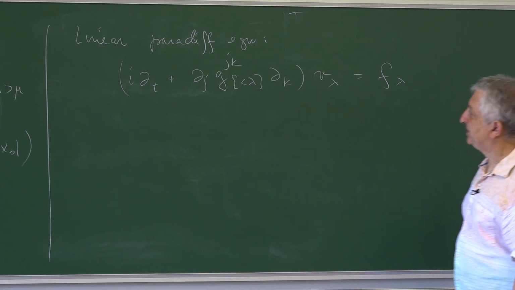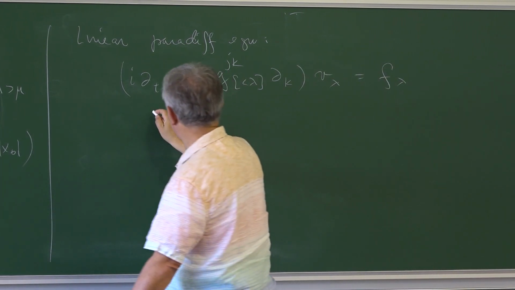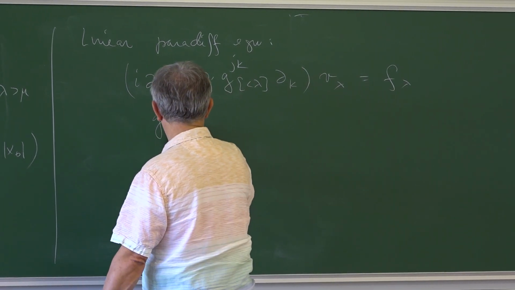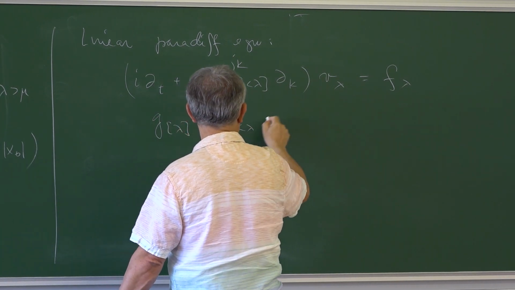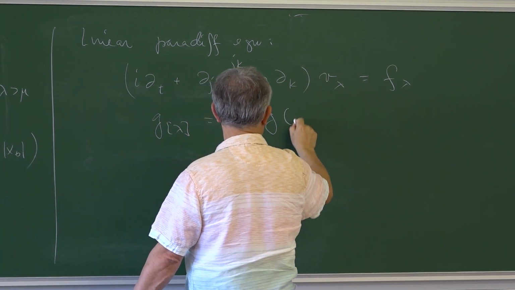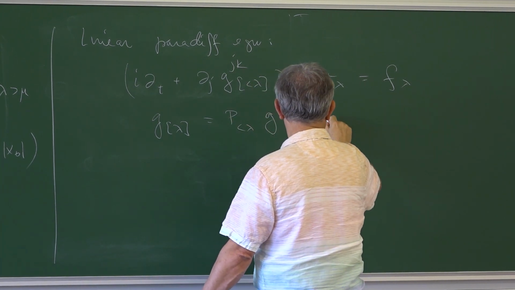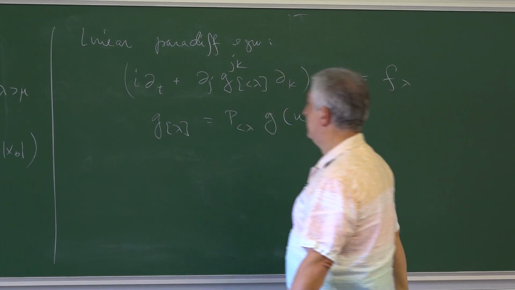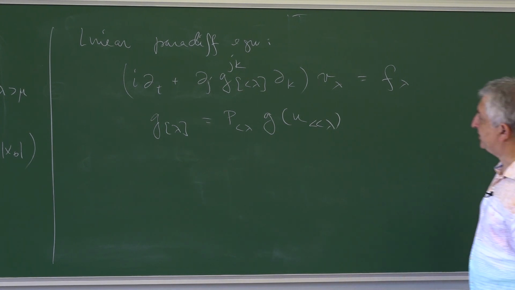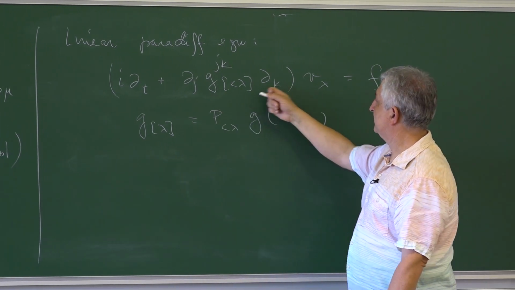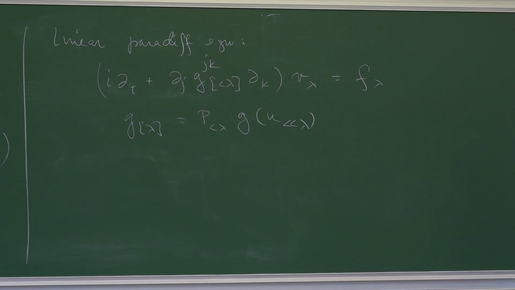And this metric, let me remind you what we choose it to be. This is P_{<λ} of g(u_{≪λ}). This is so that we do not include any balanced interactions in here. This is less important in higher dimensions.